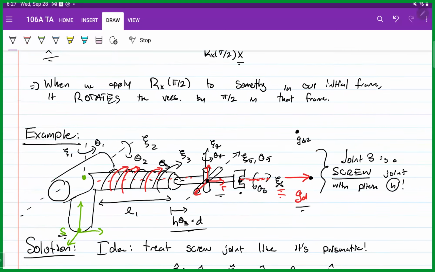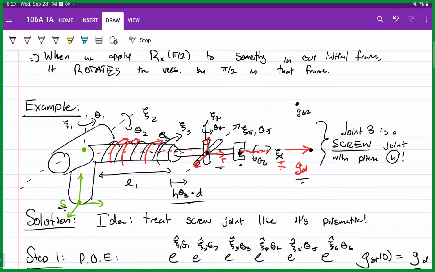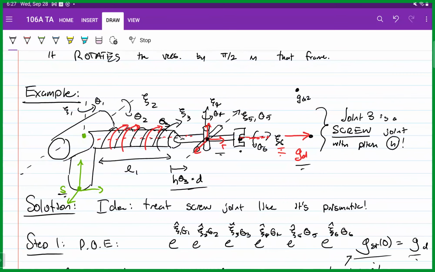If we look at this case right over here, and we know that we want to translate out in this direction, we already know that this screw joint is going to be the only thing that's capable of moving us outwards in that direction. All these other ones are just revolute. They're not going to be able to actually extend our arm. So for that reason, it's oftentimes a lot easier to start out by solving for these screw or prismatic joints, because they give motions that these revolute ones simply aren't capable of.